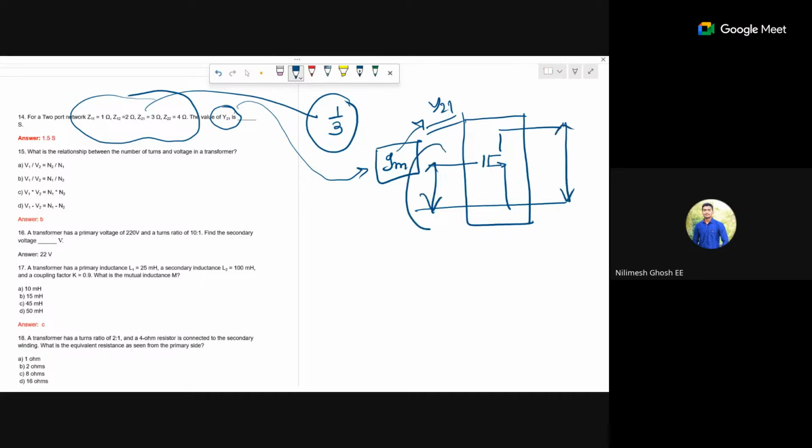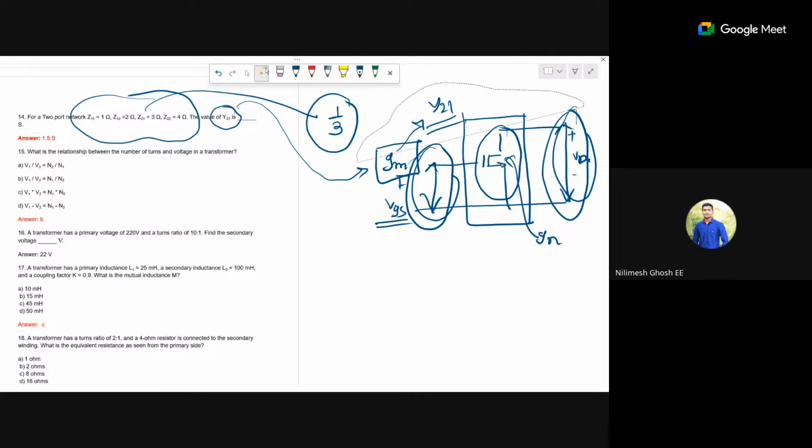If you analyze this, it will give you the Y21 parameter as gm. If you equate the current equation of the MOSFET and its dependence on the output voltage VDS and the input voltage VGS, that will give you Y21 as gm.